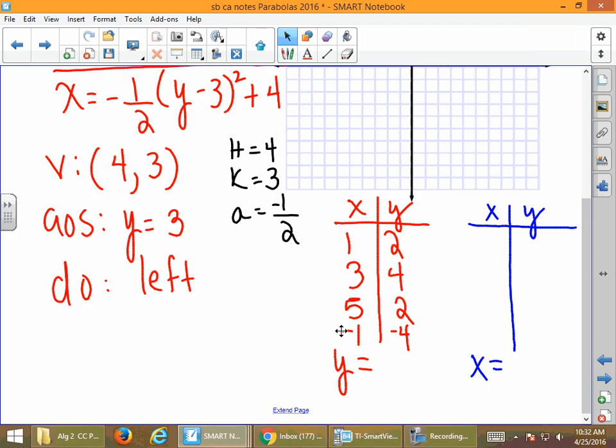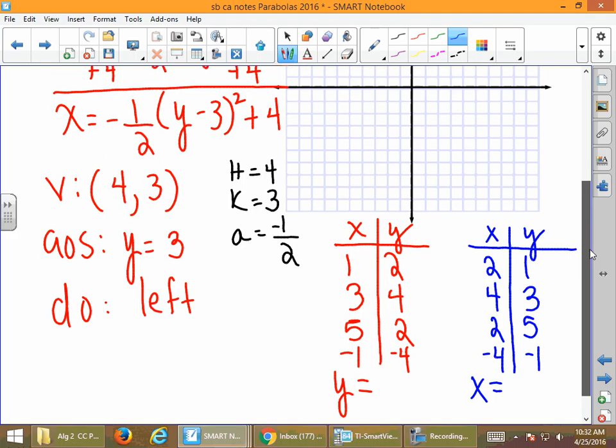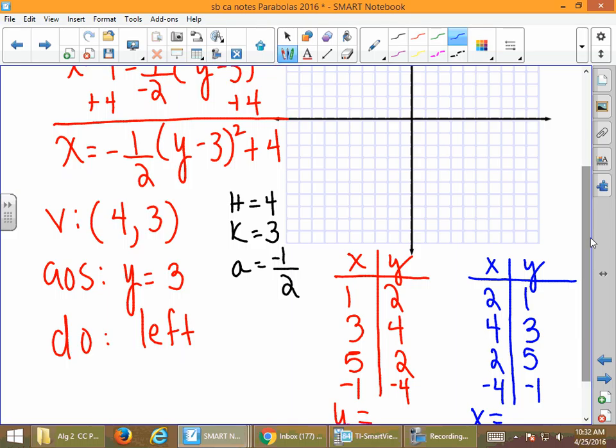If we have a regular calculator, all that we have to do now, because we switched x and y when we typed it in, is switch x and y here. So this is going to be 2, 1, 4, 3, which matches our vertex, 2, 5, and -4, -1. So when we draw our picture, there's 4 out of the 5 points.